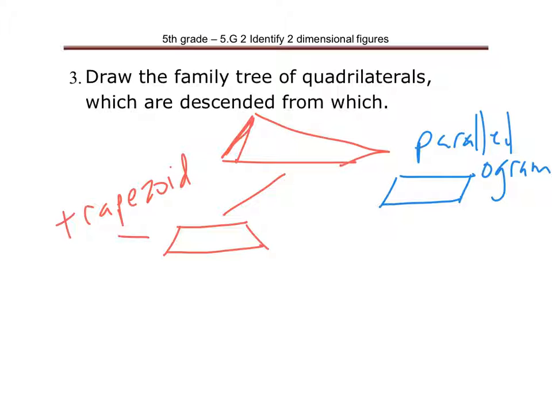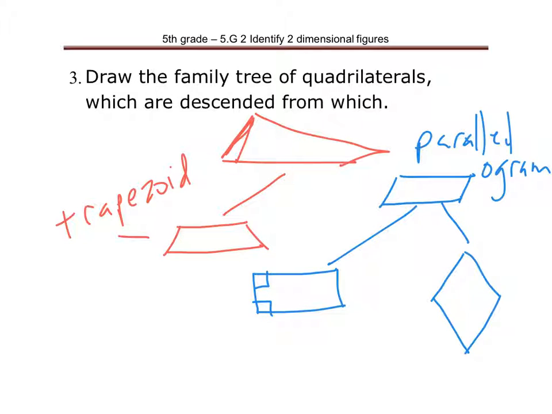And then from the parallelogram, you can either go in the direction of having two sets of parallel sides with right angles, a rectangle, or you can say we have parallel sides and the sides are equal length, so the rhombus. Rhombus or a rectangle.